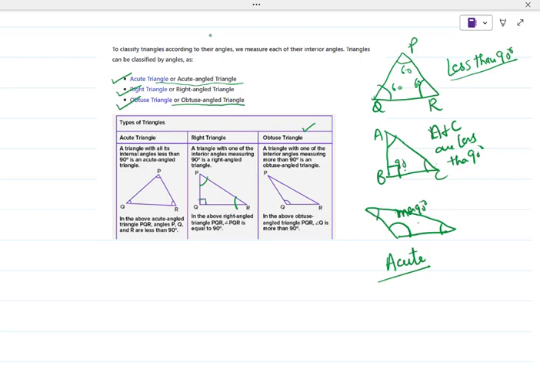The third one is the obtuse angle triangle. The angles suggest which type of triangle it is. An obtuse angle triangle means one angle is more than 90 degrees and the other two are acute angles.